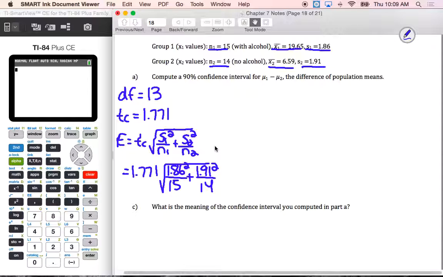Again, make sure you are typing this into your calculators correctly. So don't just go with my number, go with what you have on your calculator. If you're not getting it, keep trying. So I have an E of 1.24.